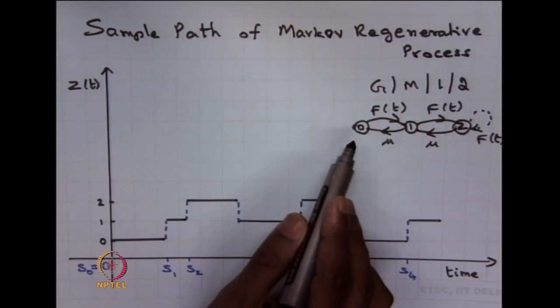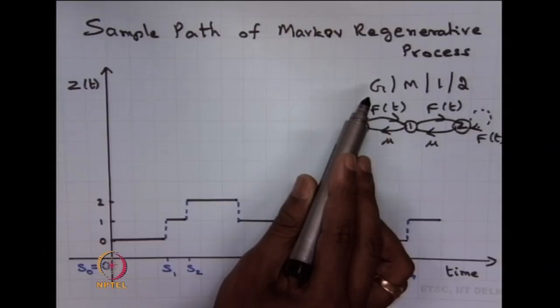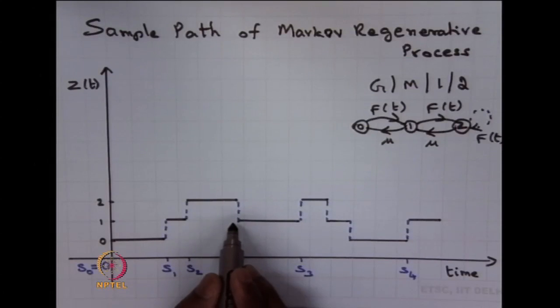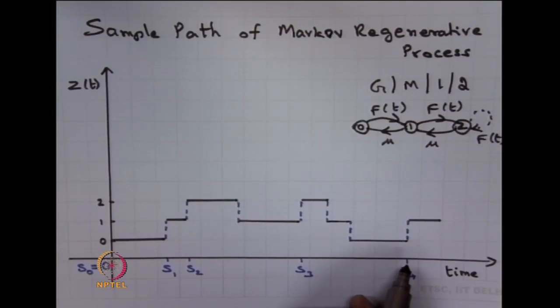But here, at the time of service completion, we should remember the elapsed or remaining inter-arrival time. Therefore, at the service completion time epochs, the memoryless property won't be satisfied.